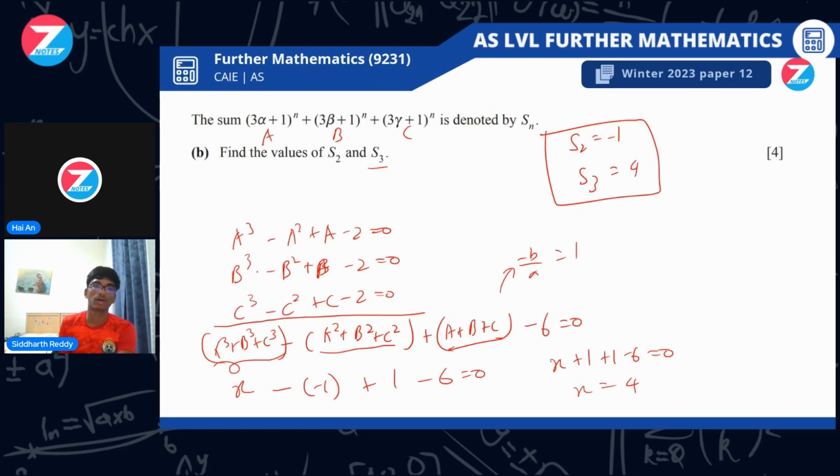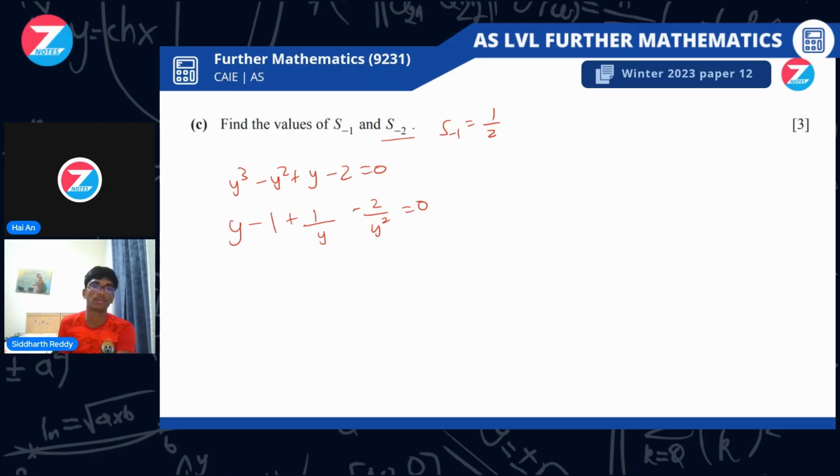And similar to how we did with this question, if we substitute a, b, c and add it all up, we get the sum of the roots minus 3 plus the sum of the reciprocal roots minus 2 times the sum of the reciprocal roots squared.